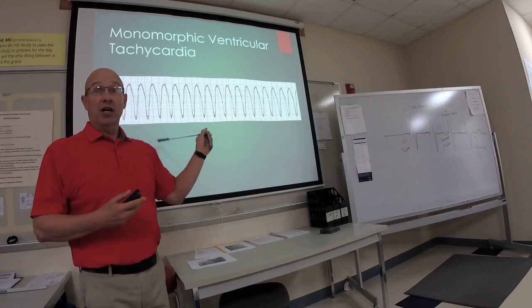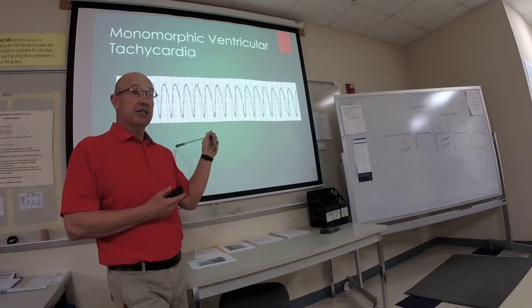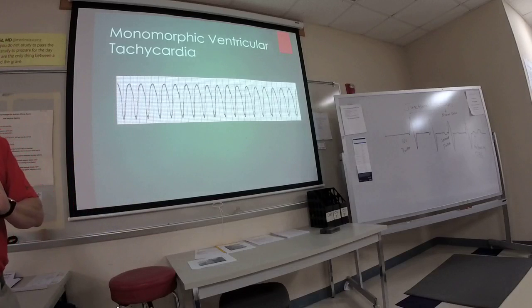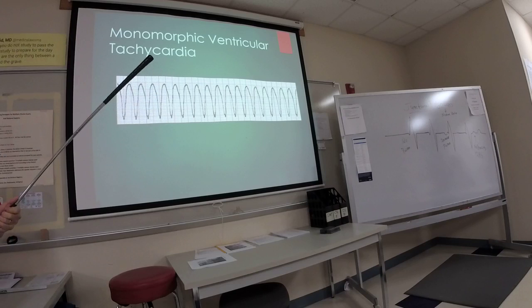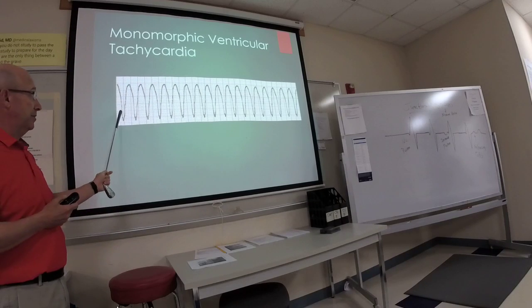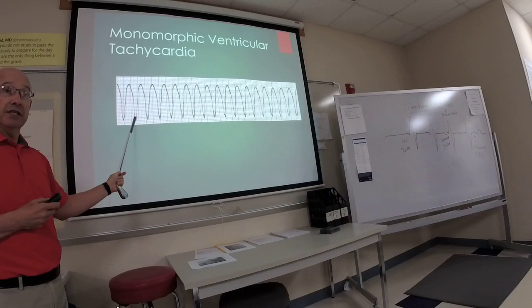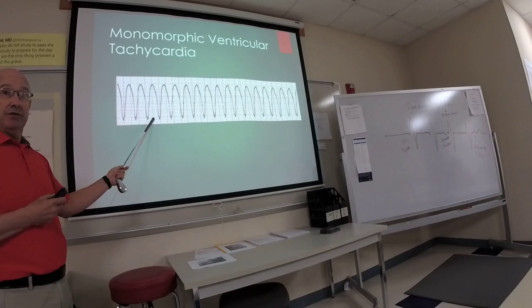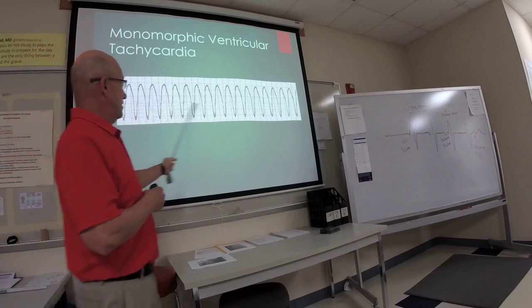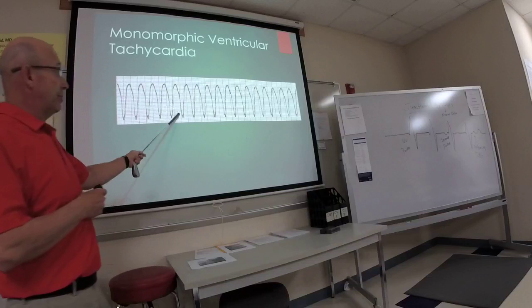So in an unstable patient, you would synchronize cardiovert it. In a stable patient, then you would give an antiarrhythmic drug, okay? Just like SVT, same deal. So unstable, which most of the time it is, you would shock this. You would synchronize cardiovert. Everybody remember that? Synchronized cardioversion? Okay.